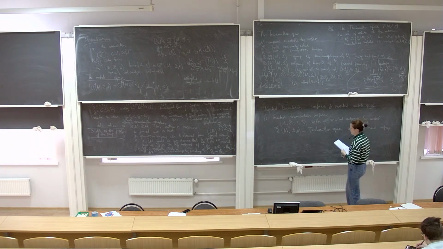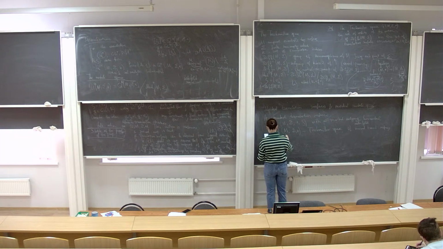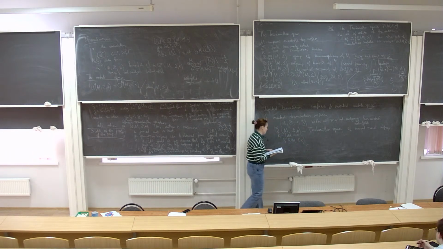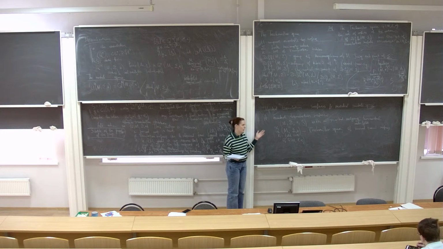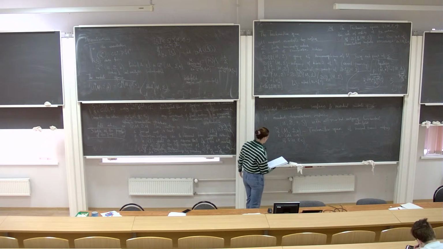How to do that? You may think of it as a K1-fold cover of Q M sigma kappa. Why is it K1? Because there are K1 options for which separatrix is the horizontal one.